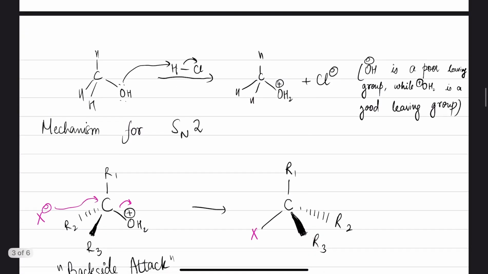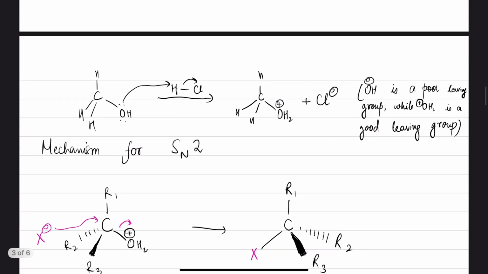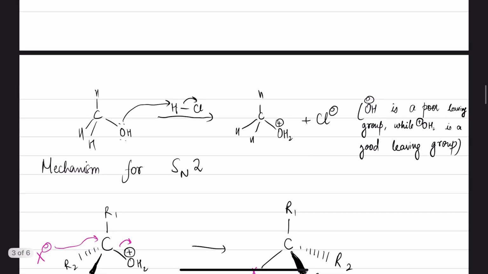So let's just say, here is an example of an SN2 mechanism. Oh no, sorry, it's not SN2. Basically this is a substitution reaction where OH is a poor leaving group. It doesn't have any incentive to leave as OH negative, so it doesn't like to do that.